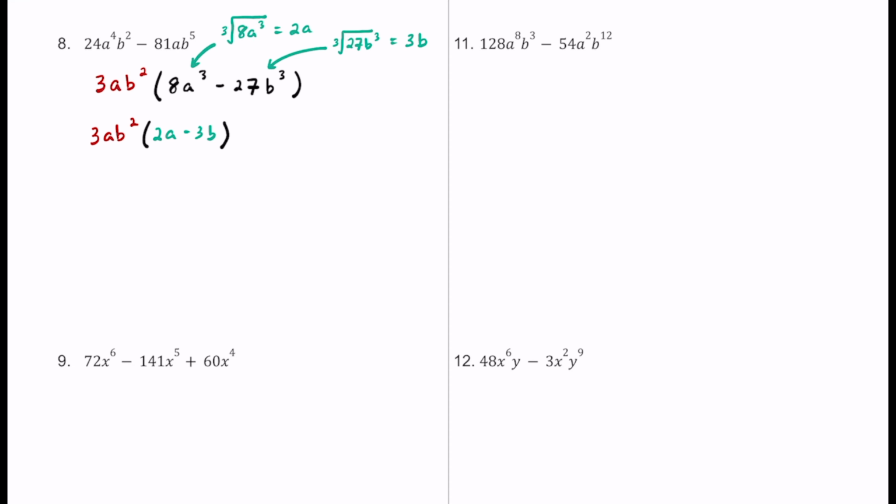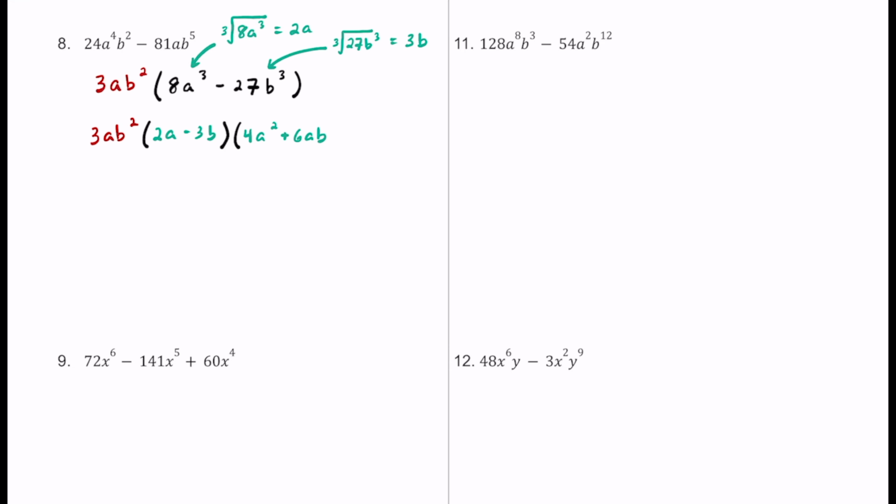And then what we're going to do is multiply by the square of the first term. So if you square 2a, that's going to be 4a squared. Don't forget to square the coefficient and the variable. And then we are going to multiply the two cube roots together. So 2a times 3b will be 6ab. And we're going to add that. So plus 6ab.